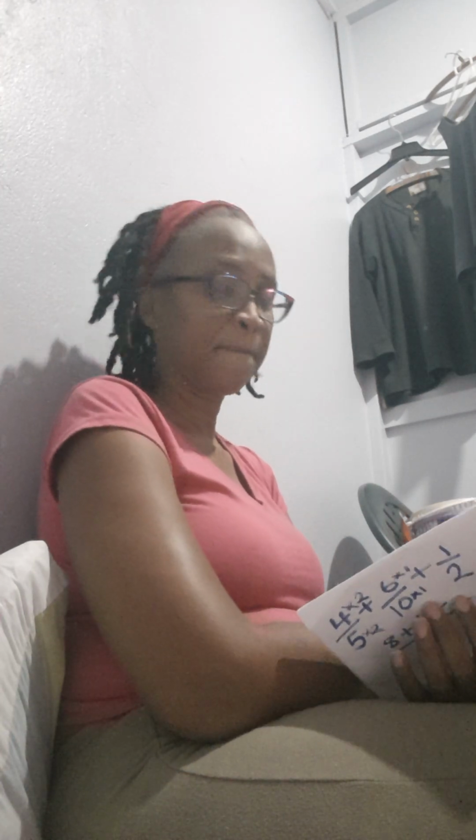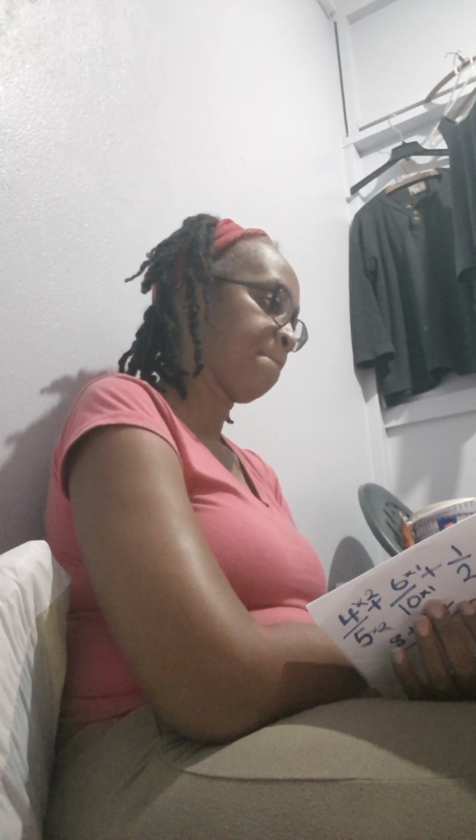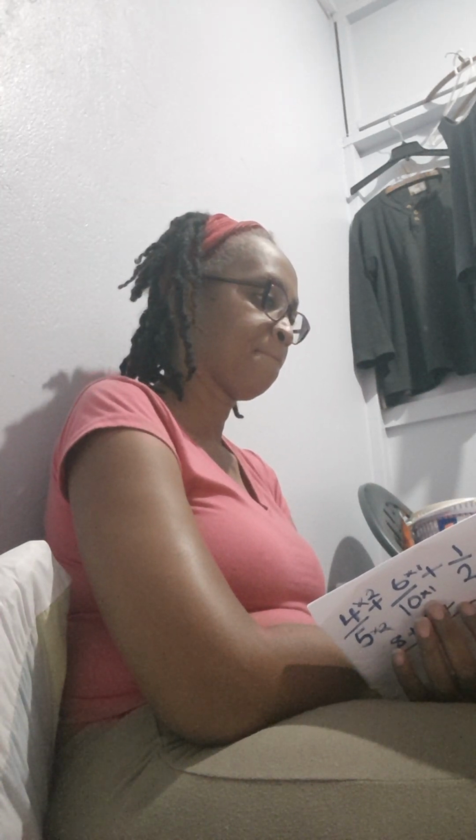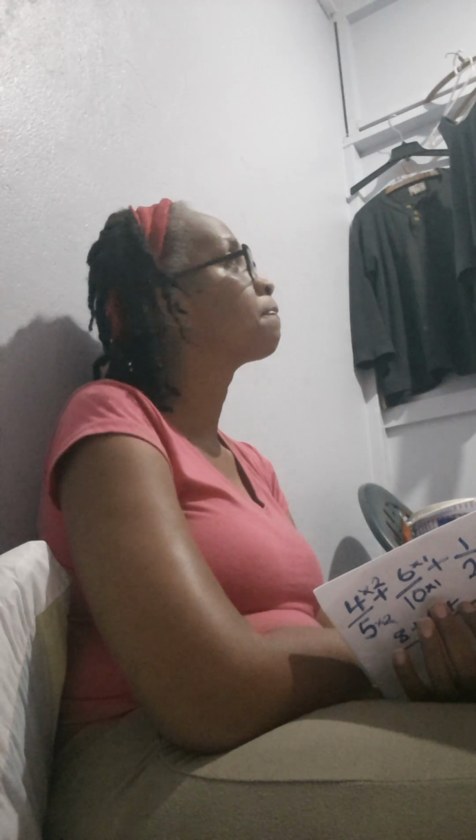10 divided by 2. In other words, I'm saying 2 multiplied by the magic number will give me 10. What is that magic number? You know your 2 times table, Joshua?